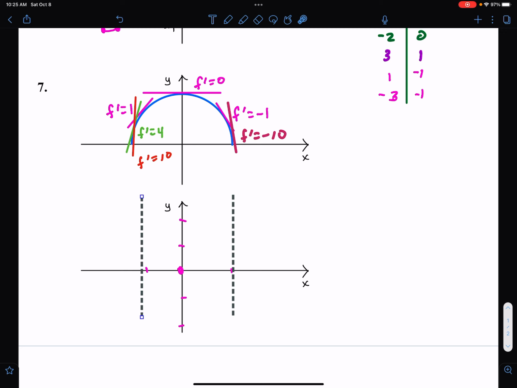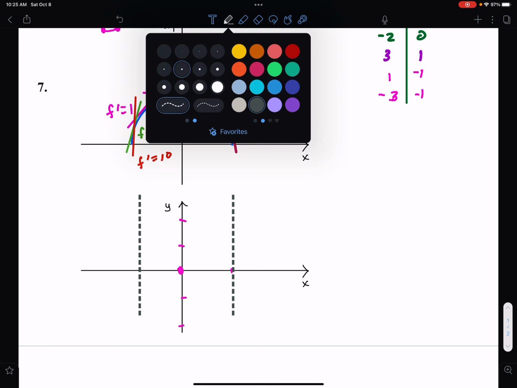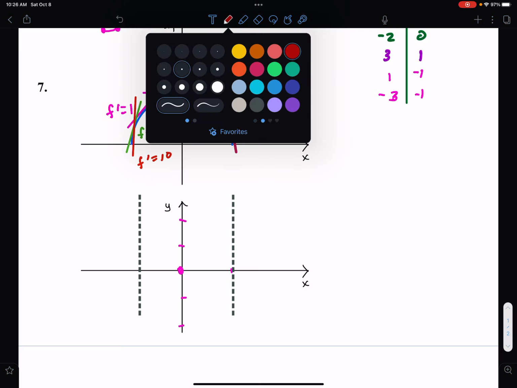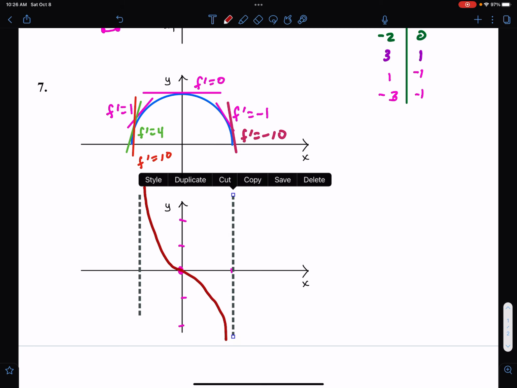And I knew that before I started the video, but I sort of started writing and getting into the details. And so what we see is that as we move towards that line on the left, the tangent line becomes infinitely steep. So it's going to look like this. And on the other side, it's infinitely steep, so it becomes larger and larger, but negative. So something like that, I would say.